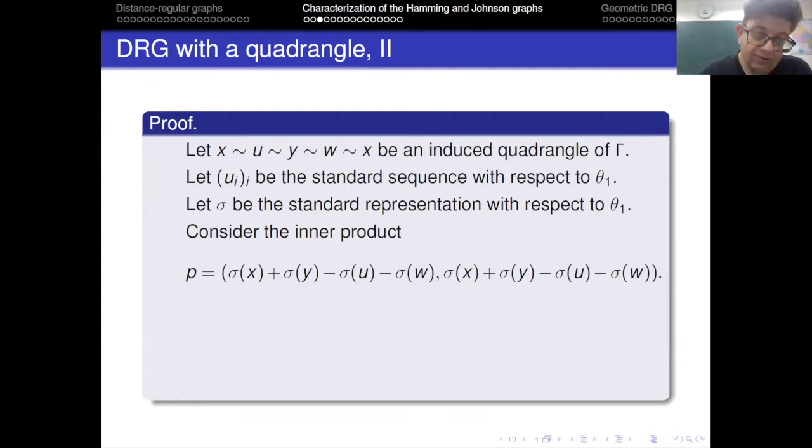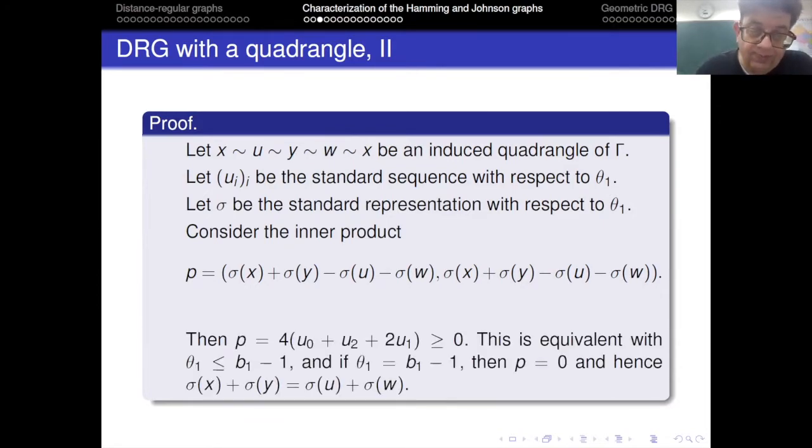So what we do is we take the two antipodes versus the two other antipodes. That is what really happens here. As an inner product, it must be at least 0, and this is equivalent to θ1 being at most b1 minus 1. You can calculate this easily.